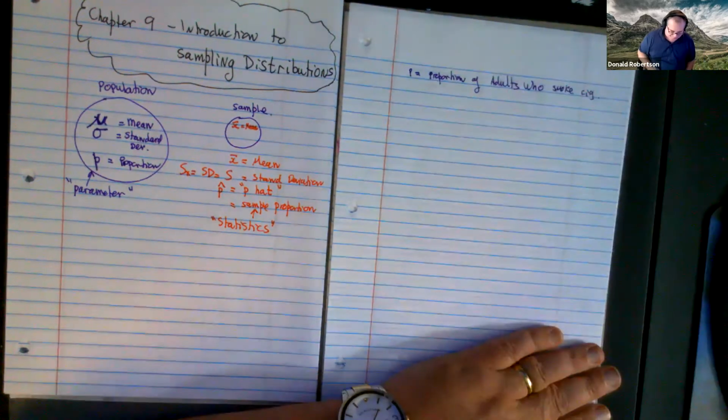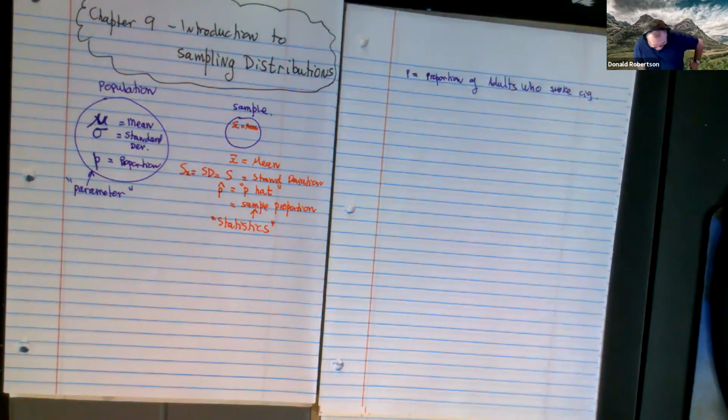Now, if I had the money, wouldn't I just go and ask every single person? Hopefully I get the truth and I'd know the answer. Right, I could do a census, but I can't afford that.